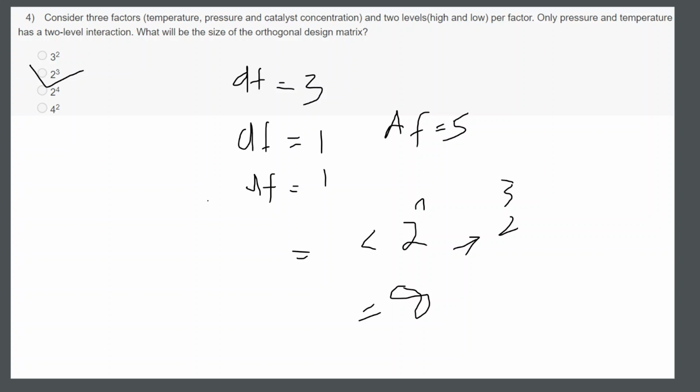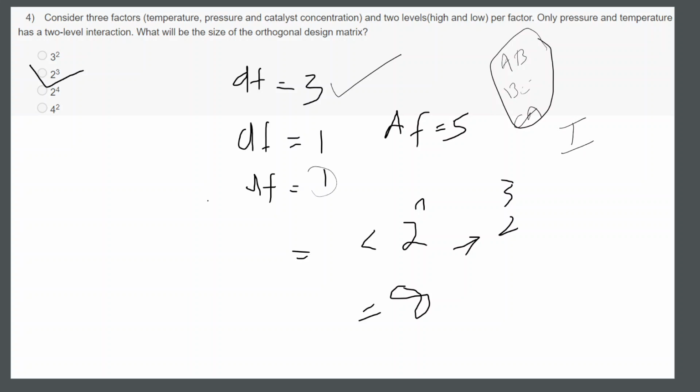For the main effects, there are three factors: pressure, temperature, and catalyst concentration. The degree of freedom is one for each factor, so three in total. For the two-factor interaction, as per the question, it is one degree of freedom.